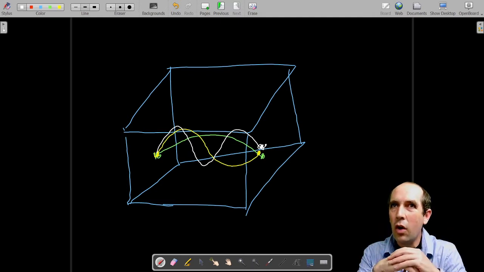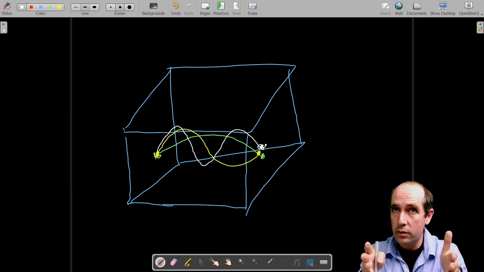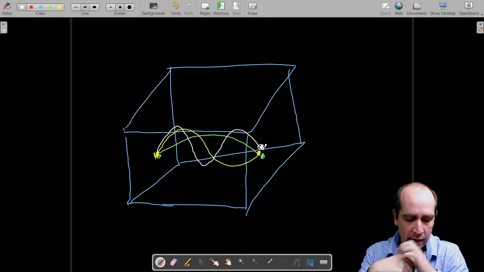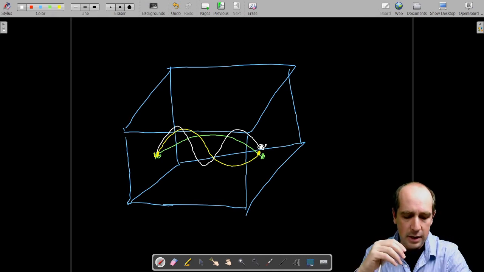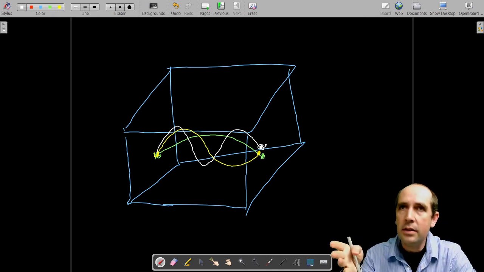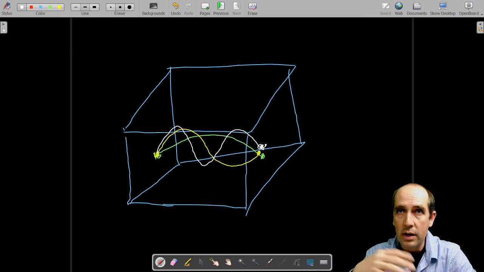But not every single wavelength is allowed in the box. It's just a bunch of them. It's an infinite collection, but the intermediate wavelengths between two of these, for example, the wavelength in between the green one and the yellow one, is not allowed in the box.